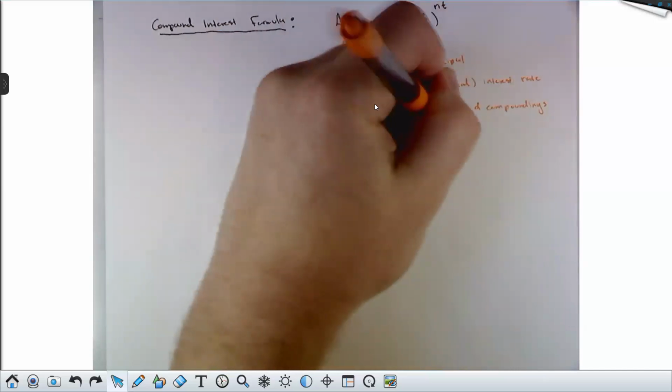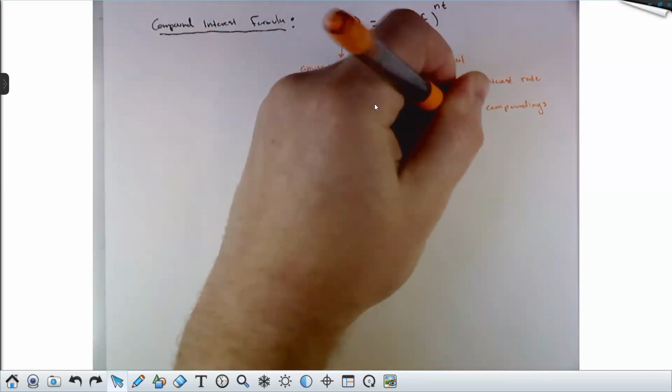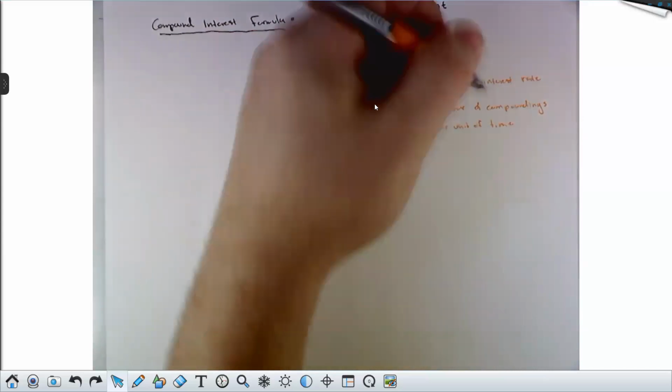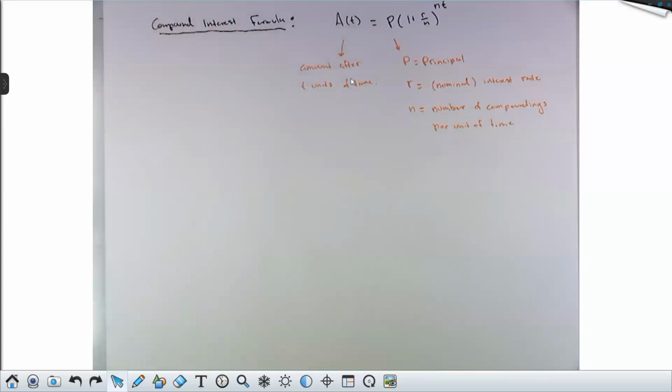Number of compoundings per unit of time. And you see me being very careful there. I'm not saying per year or per day or per month. And over here, I said after t units of time. So it depends on how you're measuring time. The number n changes if you're measuring time in days versus measuring time in weeks versus measuring time in years. Most compound interest problems usually have time measured in years, but there are some variations on that.